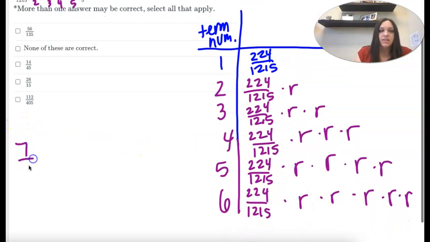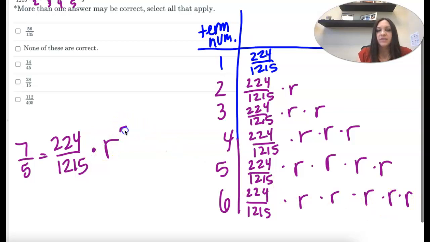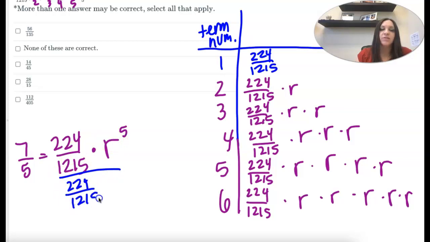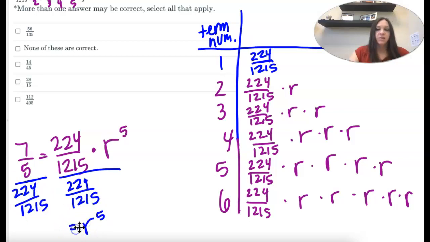So in order to get 7/5, I take 224 over 1215, and then I times by r 5 times, so r to the 5th. So what this does is it creates an equation that we can solve for r. So let's get r by itself, so divide by 224 over 1215 on both sides. And that's going to give me r to the 5th.